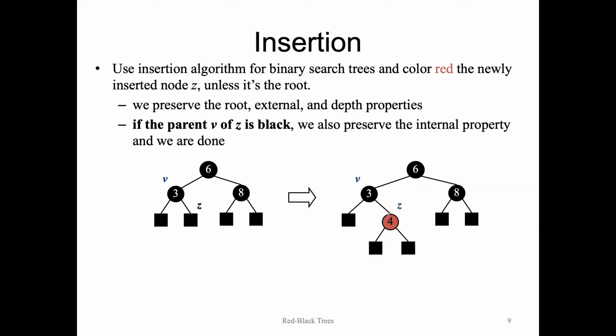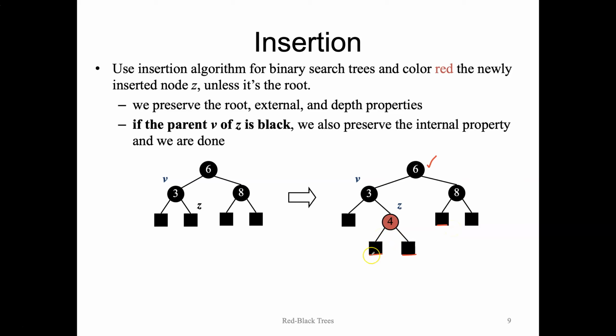So anytime we insert a new node, we find where it belongs in our tree using the find algorithm for a binary search tree, and we color that new node red. By doing so, we maintain that the root is still black, so we maintain the root property. We haven't changed any leaves, so all leaves are still black. And we haven't changed our black depth, because we haven't added a new black node.